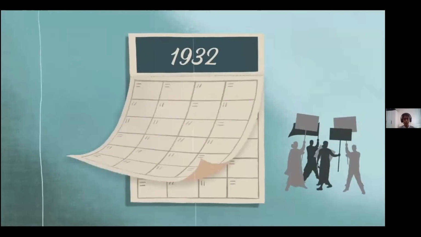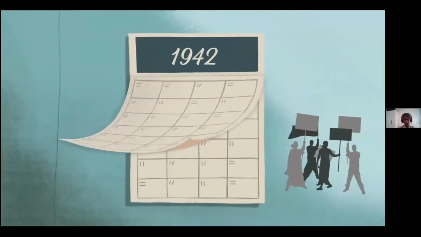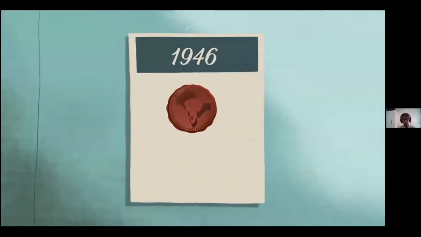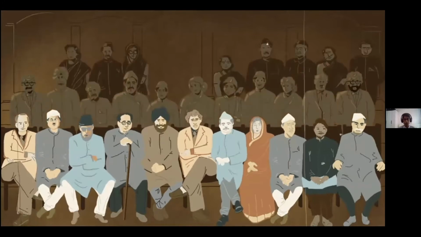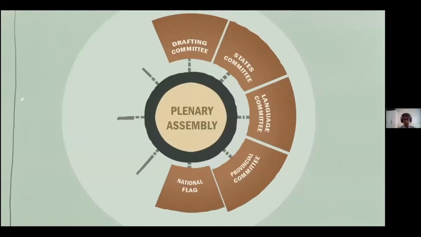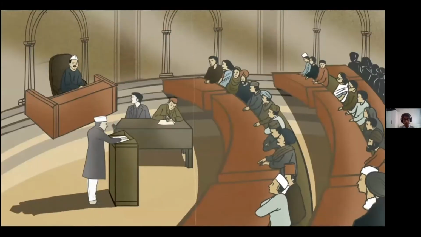The INC embraced this view, and after years of relentless negotiations with the British, a Constituent Assembly was created in 1946. Nearly 300 members, representing all shades of political opinion, diverse religions, ethnicity, and from all over India, met in the plenary assembly and subcommittees across 3 years to draft India's constitution.